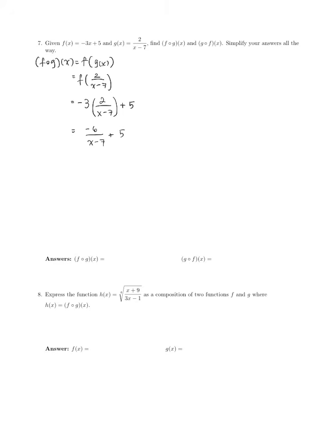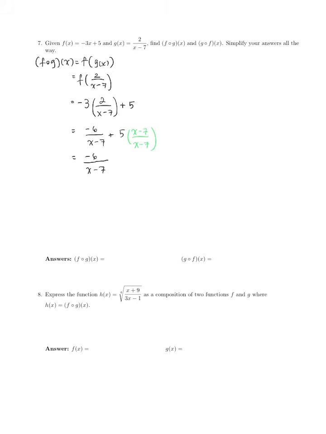Now I want you to simplify this all the way, meaning please put this in one fraction. So the common denominator is going to be x minus 7. So let me just write 6 and then x minus 7. So that means you need to multiply the 5 by x minus 7 over x minus 7.